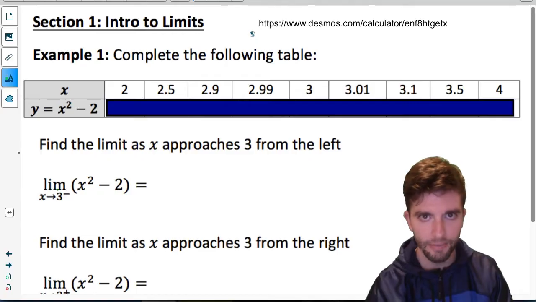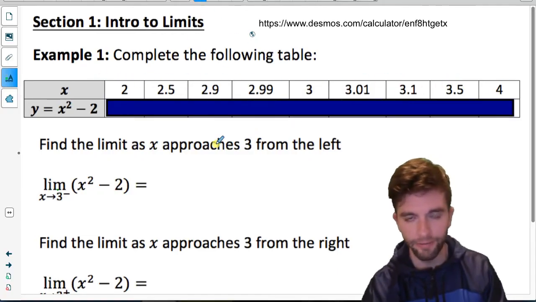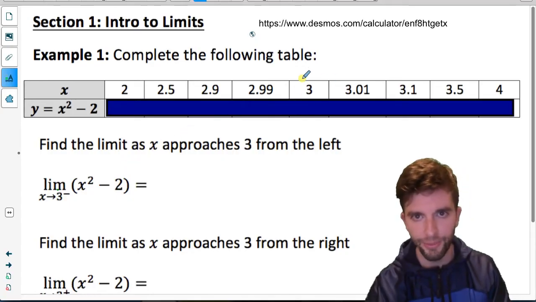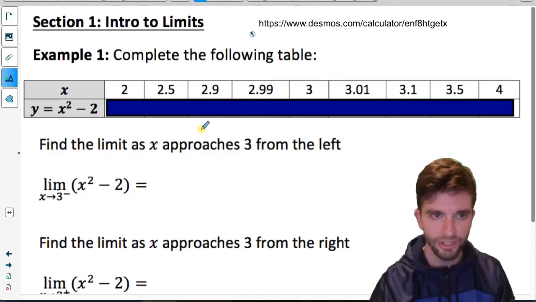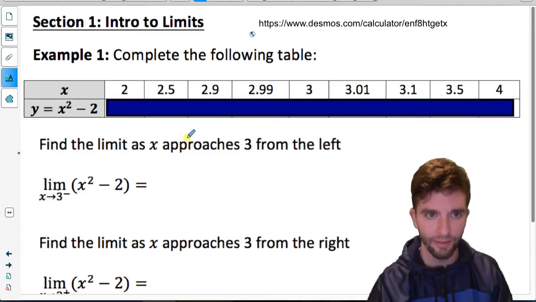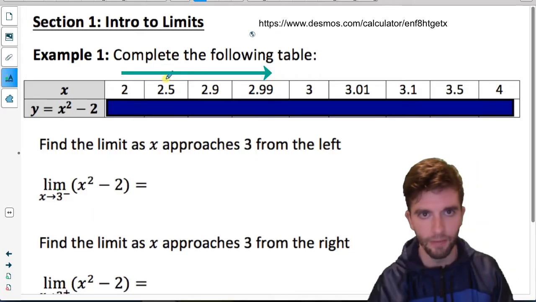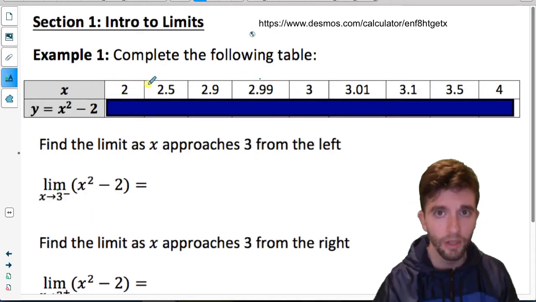So from this table, I have x values at the top here. These are independent variables. I put 3 in the middle. We're interested in what is happening to the x squared minus 2 values as x approaches 3 from the left. So that would mean from over here. So as I approach 3 from the left, what's the value of x squared minus 2 when x is 2?